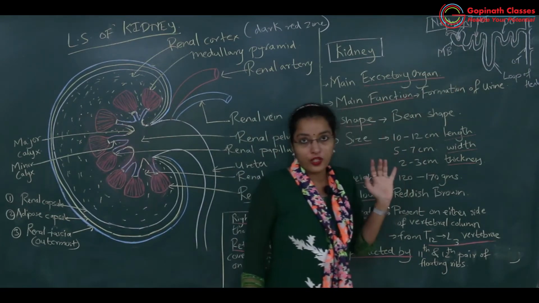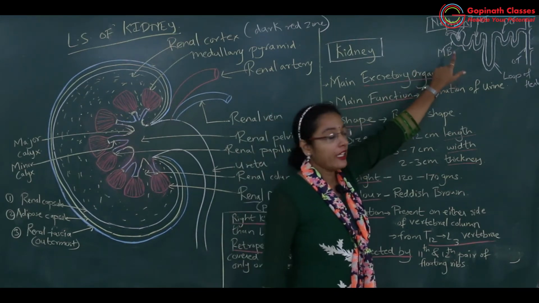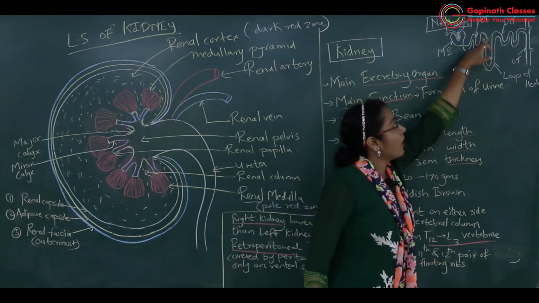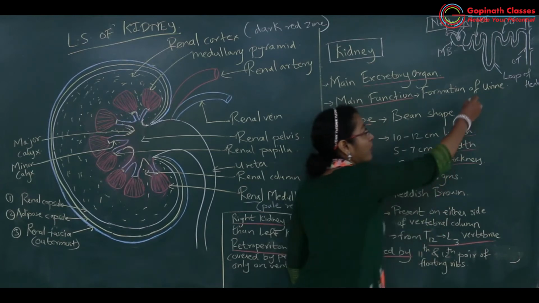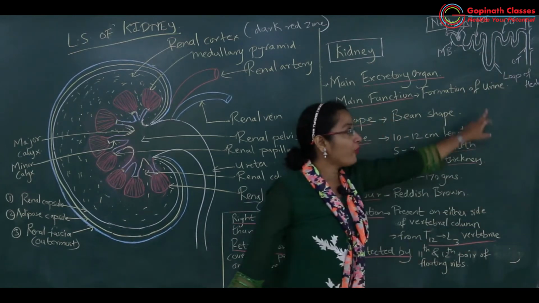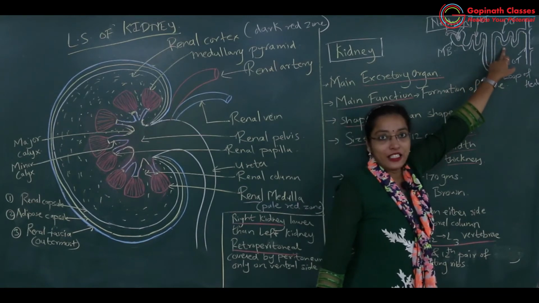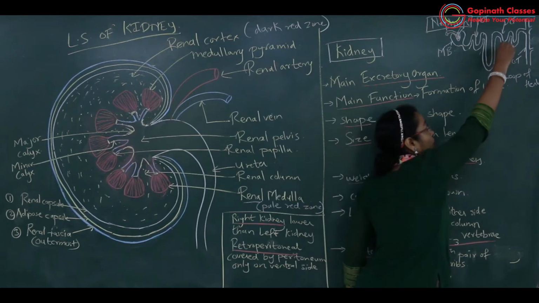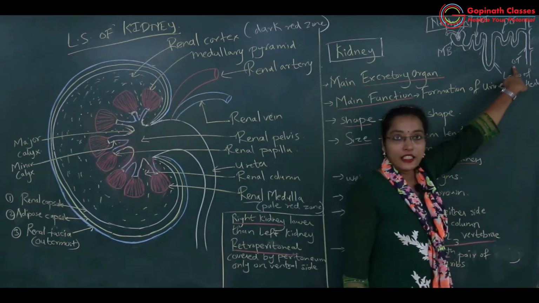The nephron consists of the Malpighian body, then the proximal convoluted tubule, which is slightly coiled, which leads to the loop of Henle. Then the DCT, the distal convoluted tubule, which also has convolutions, means loops, followed by the collecting tubule.